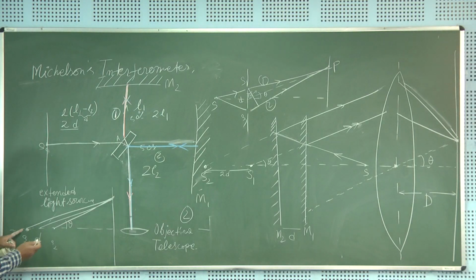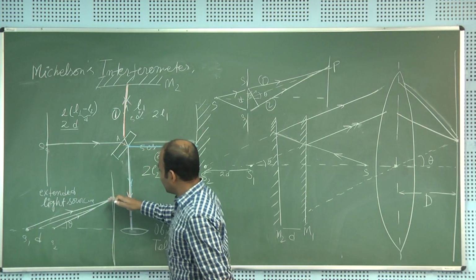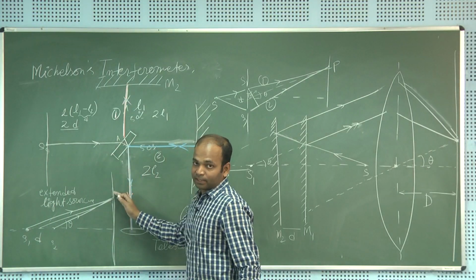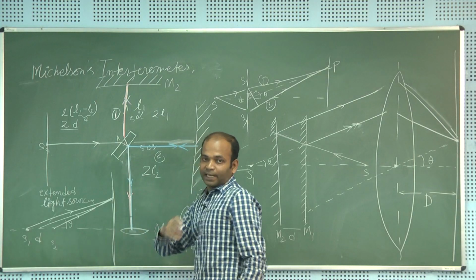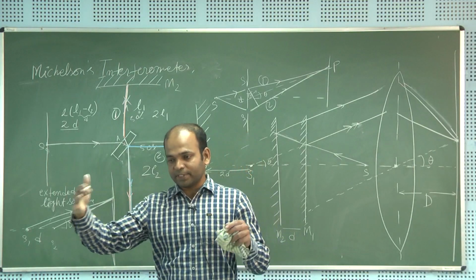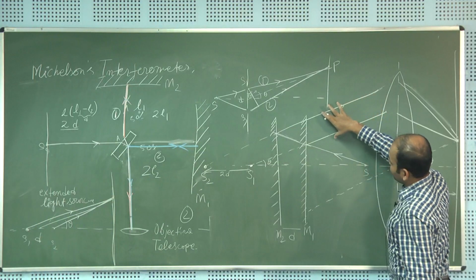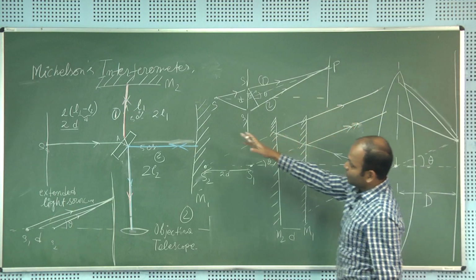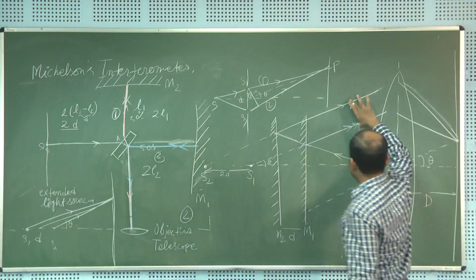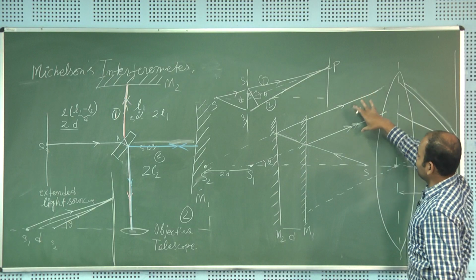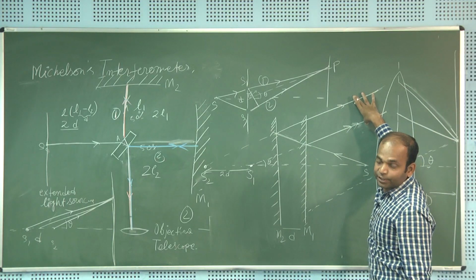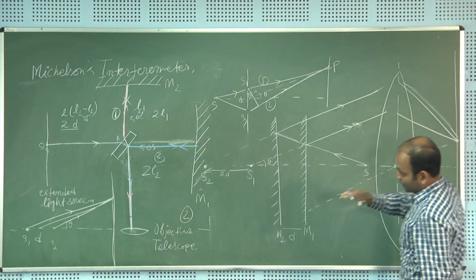What I am trying to say is that these rays that you are using may not be parallel beams, and you can get a fringe pattern at any point, as long as it is all over three dimensional space. But here it is forming at infinity, because the setup is such that it is as if the rays are coming from infinity, and that is the difference here.